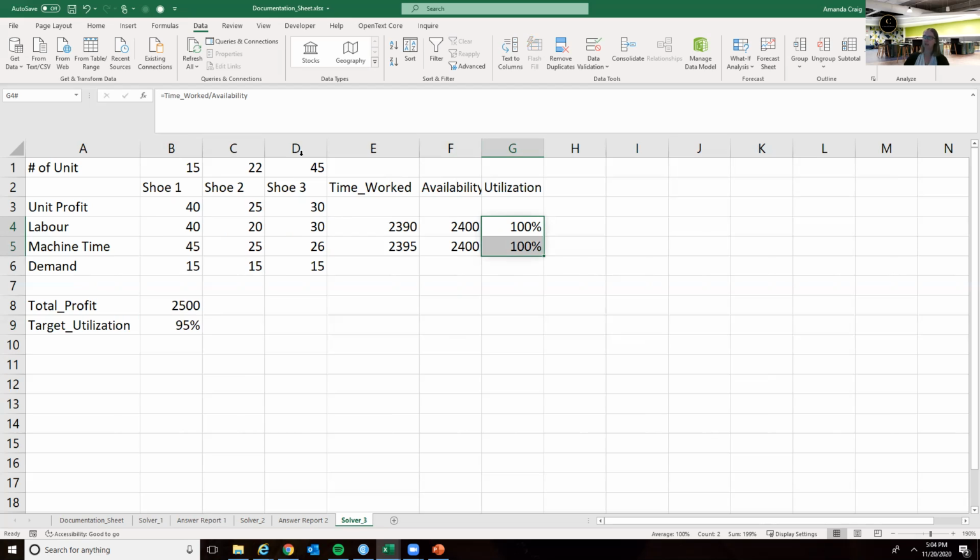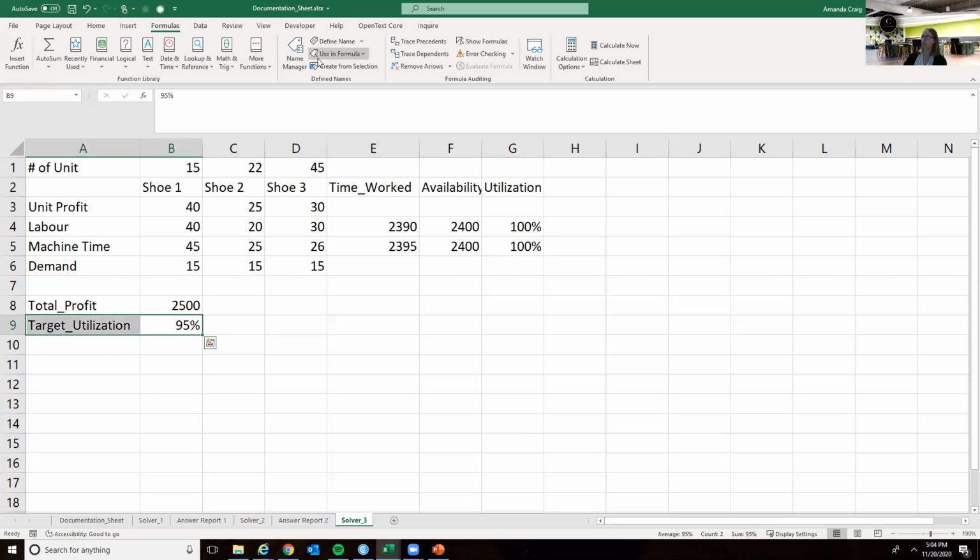Now I already have my time worked and availability named, but I don't have my utilization named. So I'm going to name my target utilization. And then I'm going to update my constraints.